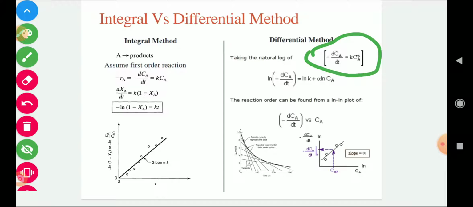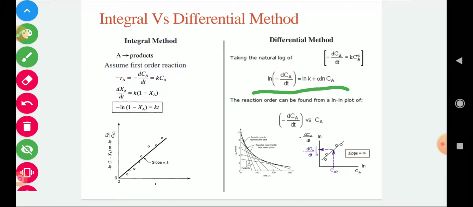Alpha indicates the order of reaction. Now we convert that equation in terms of equation of line. For example, in this equation, if we take log on both sides, then this equation can be converted into this form, and this is equation of line.